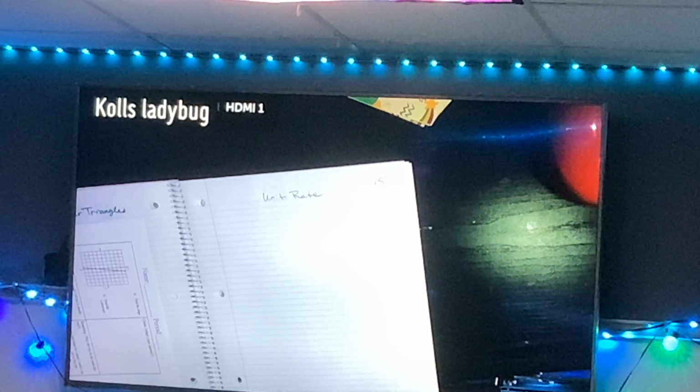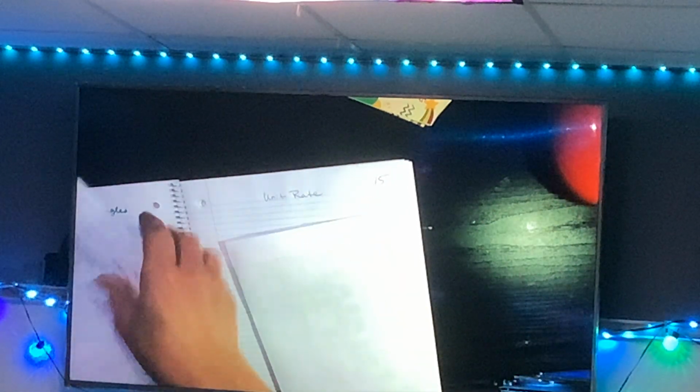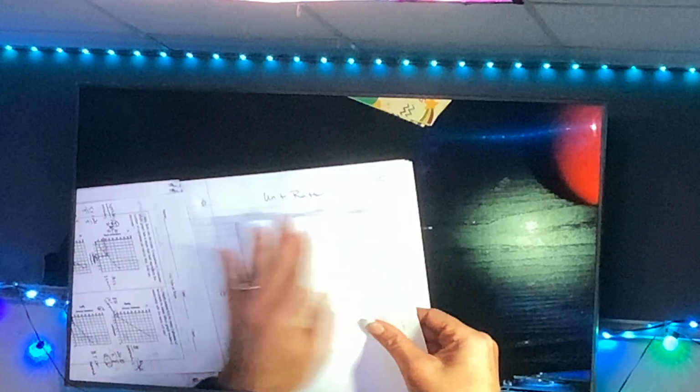Okay, take the first two we did that don't have backs on them and fold them both in half. And you are going to glue one on top of the other.